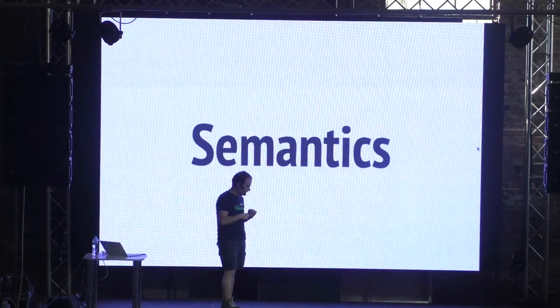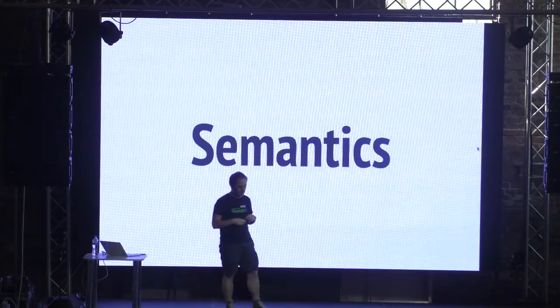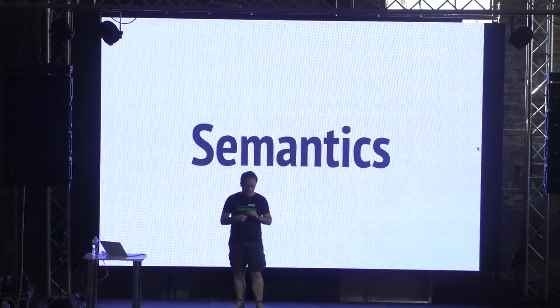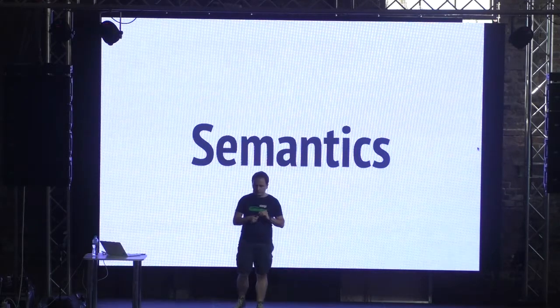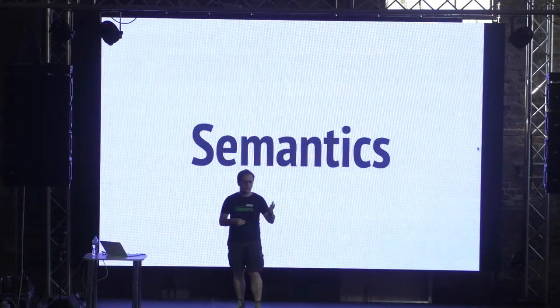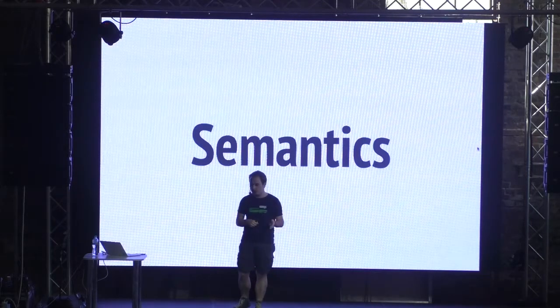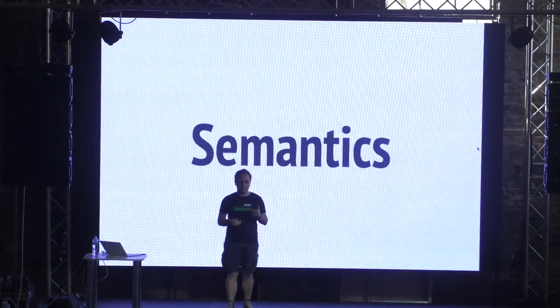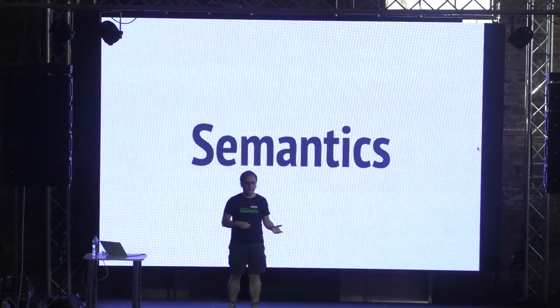So the really important thing about accessibility is semantics. It's like if you talk every day in your native language, like Russian, English, any other language. You don't think about how you do this. How you choose words? What words mean?